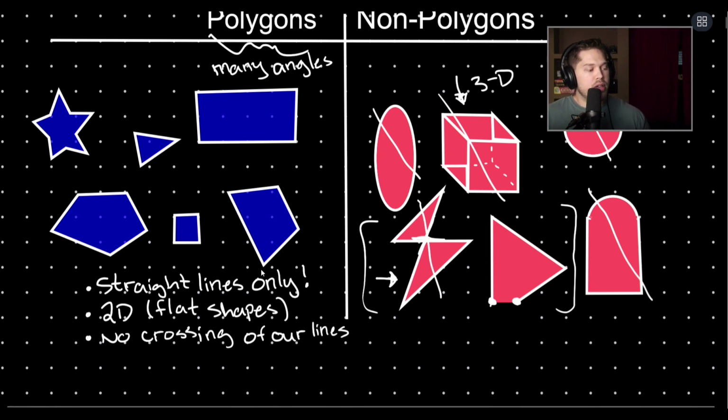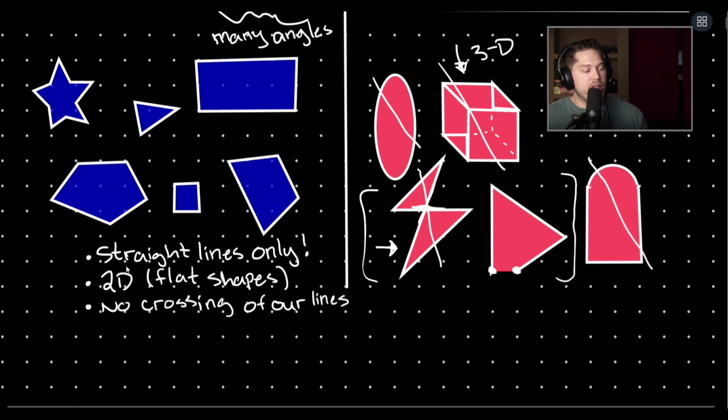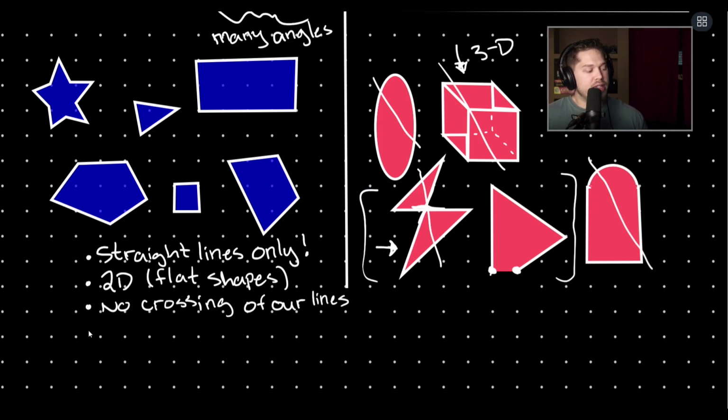So polygons are shapes that contain only straight lines, that are two-dimensional or flat, where there are no crossings of their lines, and they are closed shapes. Okay, so those are the attributes of polygons.